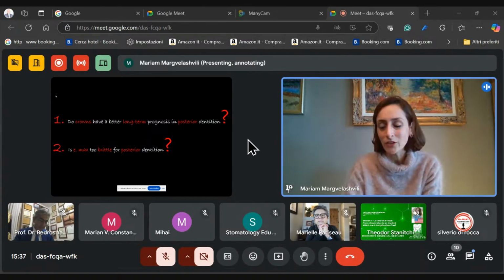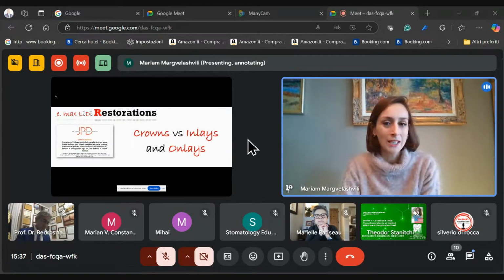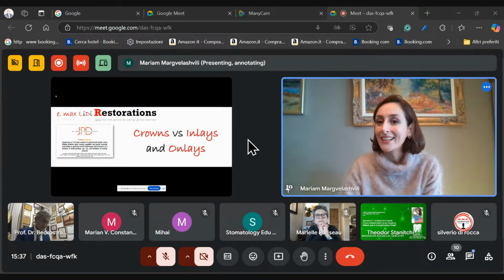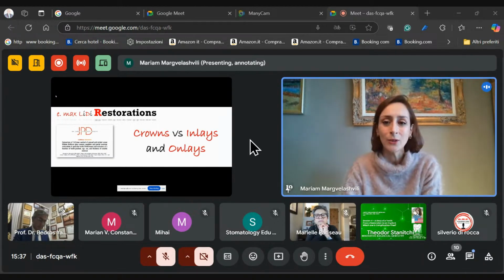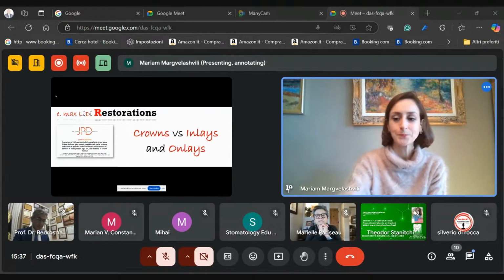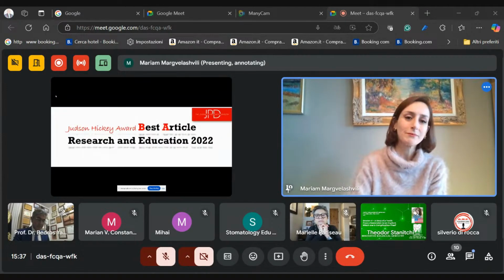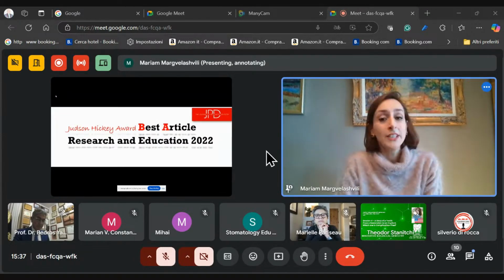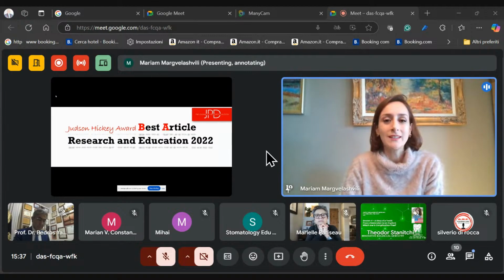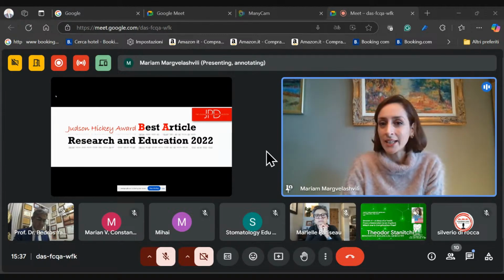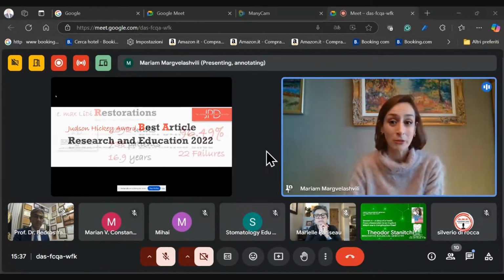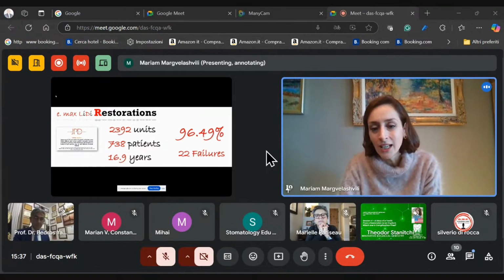So to answer that question, we looked at the survival of crowns, inlays and onlays fabricated out of emax lithium disilicate, and this time we only included posterior dentition. This paper was awarded the Jackson Hickey Award from JPD for Best Article in Research and Education in 2022, which I'm very grateful for.